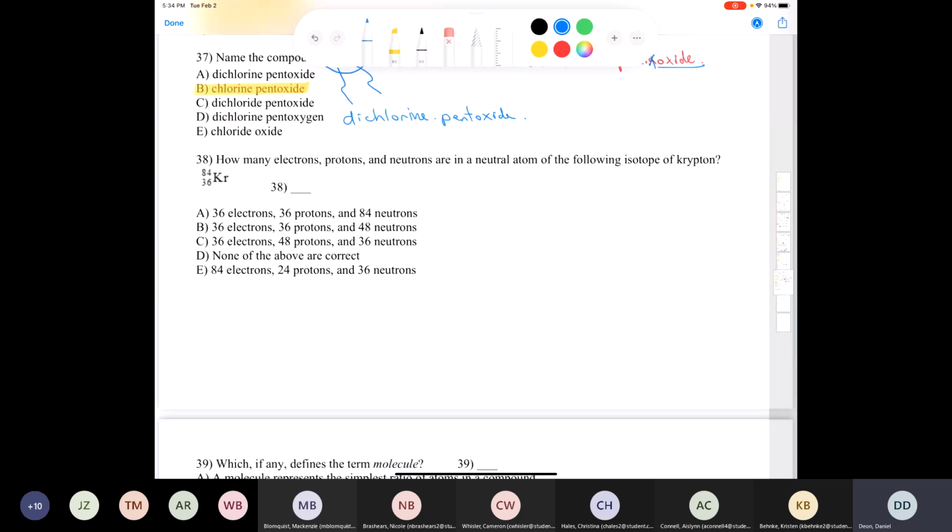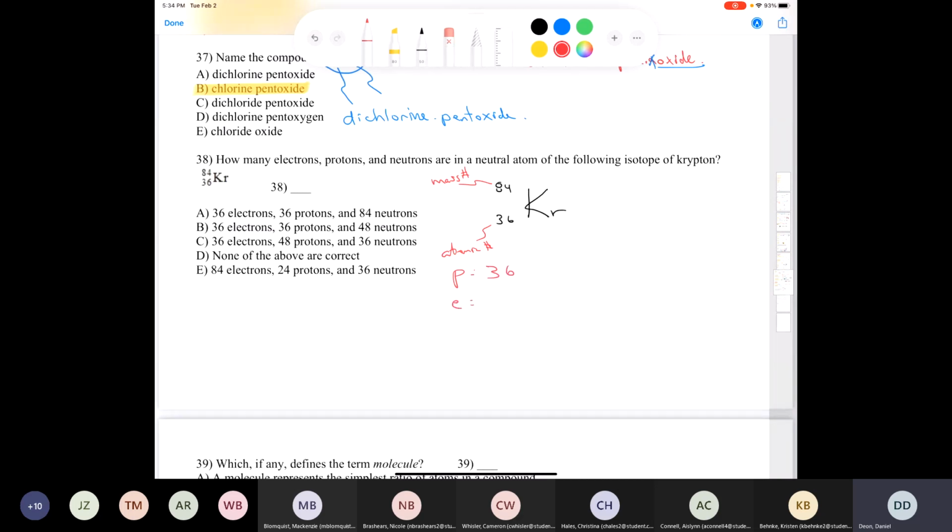All right, how many problems do I have like this? Too many, okay? How many electrons, protons, and neutrons are in a neutral atom of krypton 84? Let me write it down a little bigger here. Font is so small, so we have krypton 84, and then we have 36 here. Remember that this is the mass number. This is the atomic number. So the atomic number tells us the number of protons, which is 36.